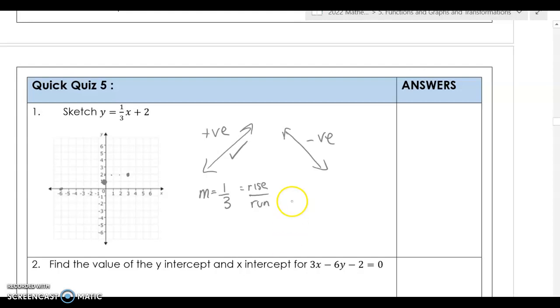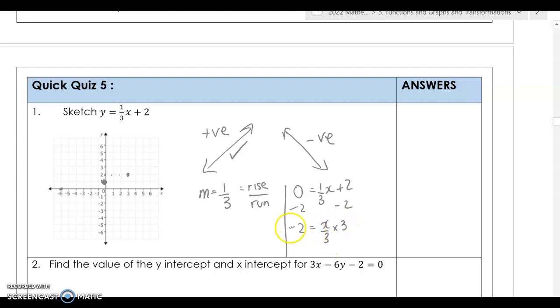But if you didn't want to do it that way, you could still work out where it cuts the x-axis, because we've got where it cuts the y-axis. It cuts the x-axis at y equals 0. So I'll put y to 0. I get 0 equals 1/3 x plus 2. Let's rearrange. We'll take 2 from both sides, so we get minus 2 equals 1/3 x. Or if you don't like that, you can write it as x over 3, which looks a little bit neater.